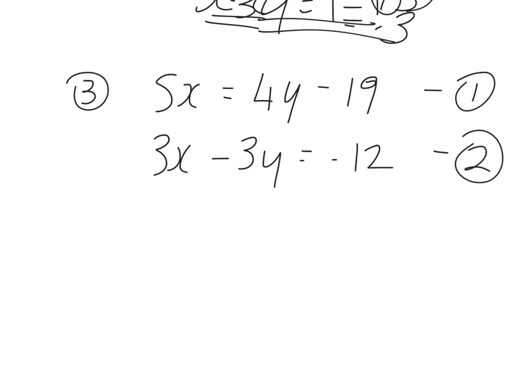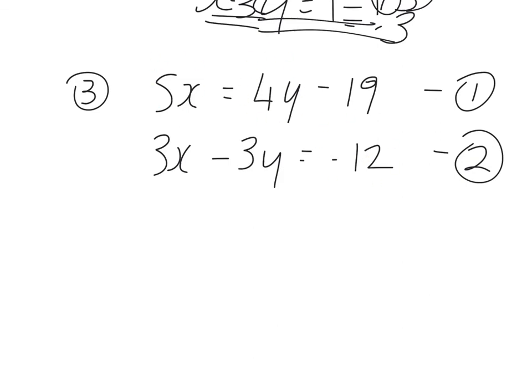Now, the presentation of this one's slightly different, but we can sort it out. In the previous two examples, I had a letter plus or minus a letter equal to a number for all equations. Now this time, that's what I've got for the second equation. So I've got a letter term minus a letter term equals a number term. But up here, I've got something a bit different.